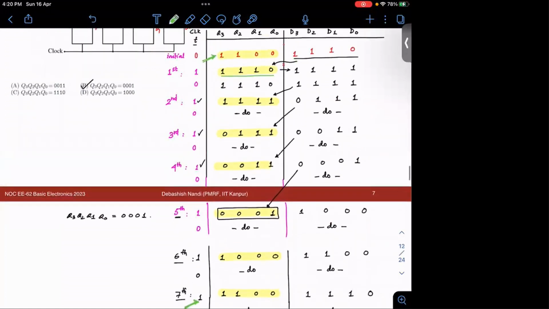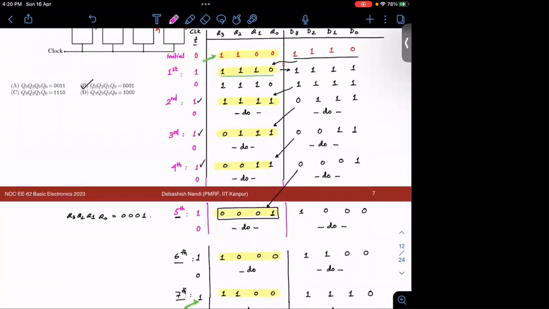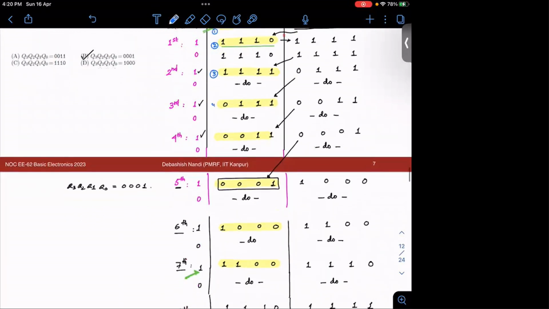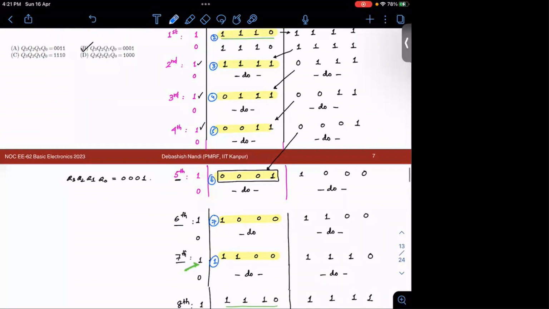So what are the distinct states you are having? Distinct states you are having is that 1 2 3 4 5 6 7. Fine. And then this is again 1. So you have 7 distinct states.